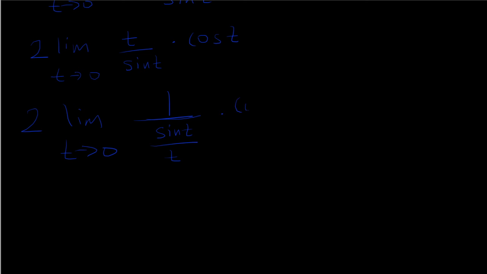And that's going to be times cosine t. And now we know that this limit right here goes to 1. Cosine t, so as t approaches 0, this also goes to 1. So we just have 2 times 1, so our limit is 2.